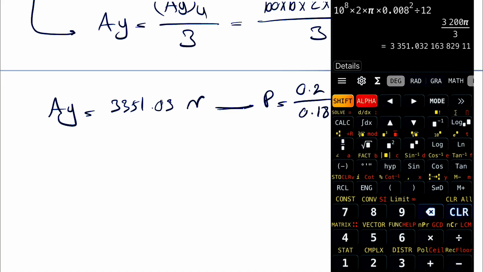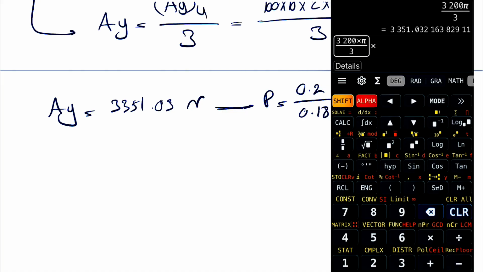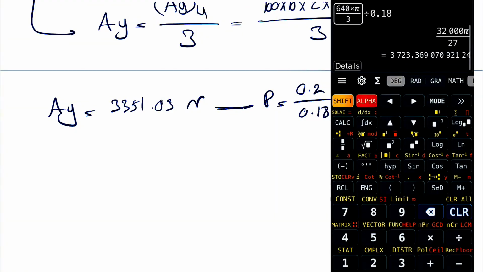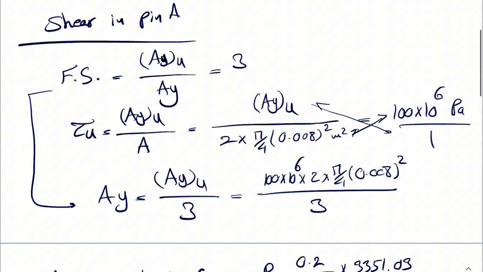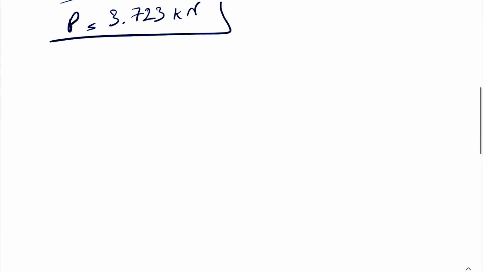So basically in here we just need to multiply this by 0.2 and divide it by 0.18. And the P that we're going to get, if we just report it in kilonewtons, would be 3.723 kilonewtons. So that was based on the shear in pin A.